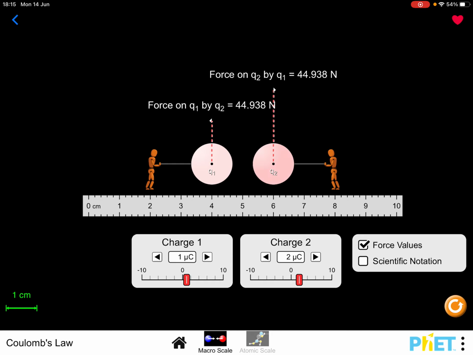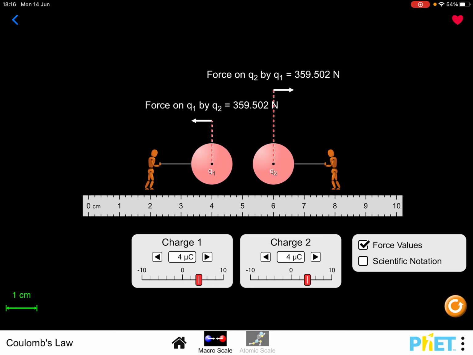If I double one of the charges, I've doubled the force between them. If I double the other charge, the force is now 4 times bigger than it was the first time, because I've doubled both charges. So what we're seeing from this is if I make the charges bigger, the force gets bigger.